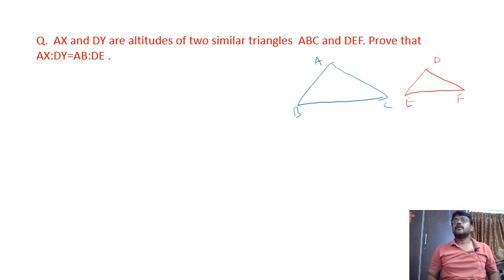Now what was given is that AX is the altitude and DY is the altitude of this triangle. So these are the altitudes. Mind you, altitude means they are nothing but heights at right angles. So these are the right angles. Here what we have to prove is AX is to DY is equal to AB is to DE.